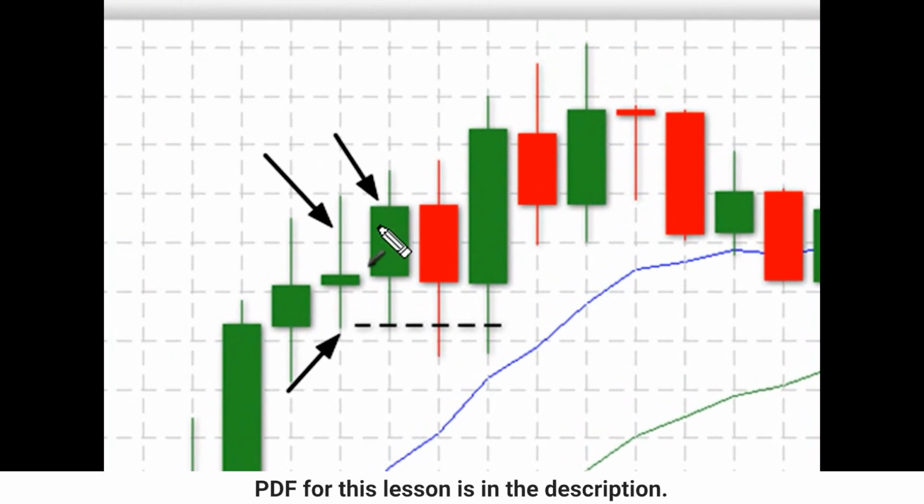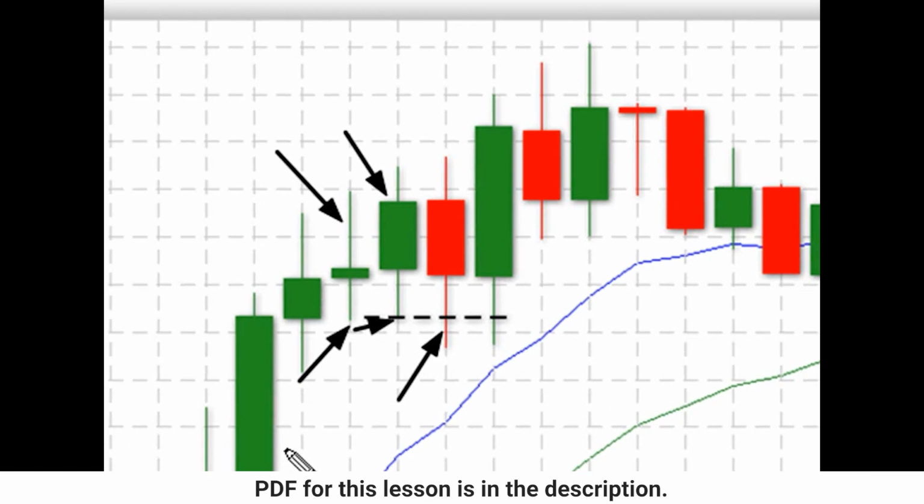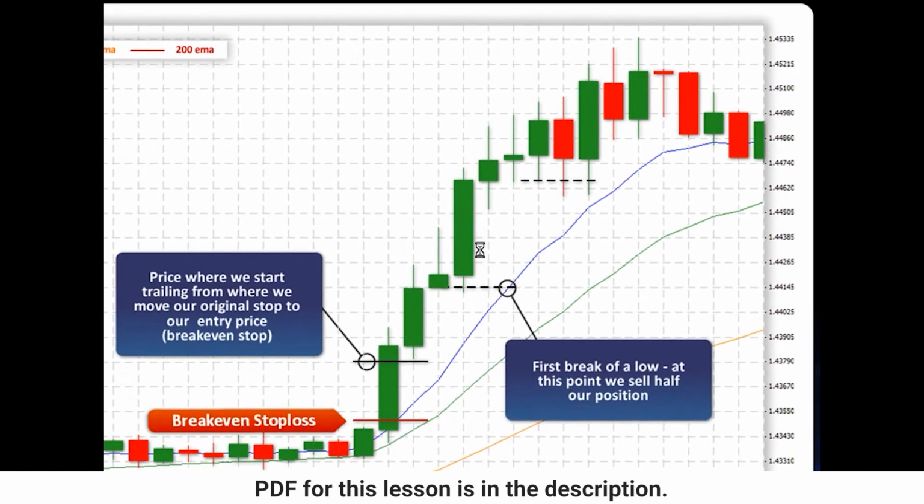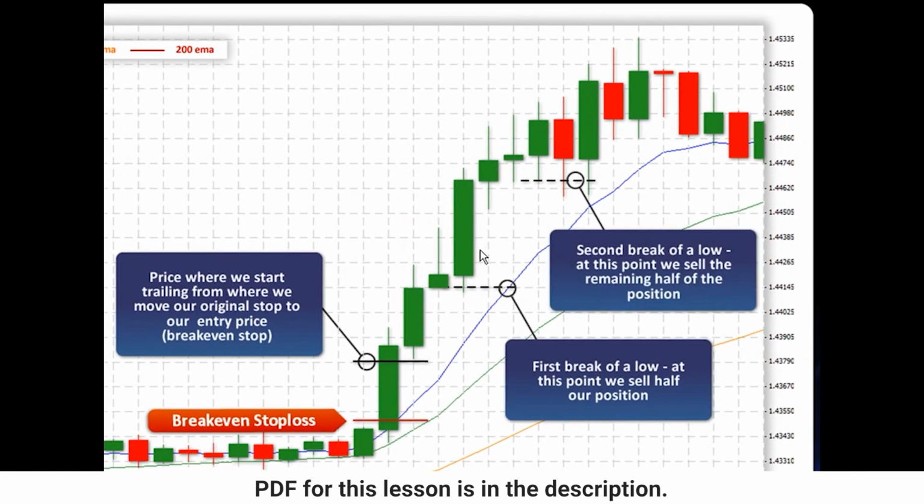Then the same after this bar completes, we move our stop from the low before to the low that has just completed. And now as you see, the dotted line is where our stop is placed, and the red bar here goes lower than our stop, and we get stopped out there. So our remaining half position will get sold there.